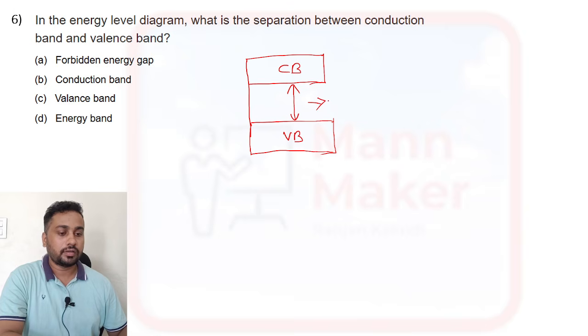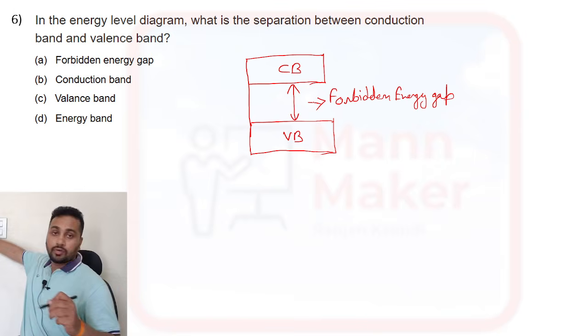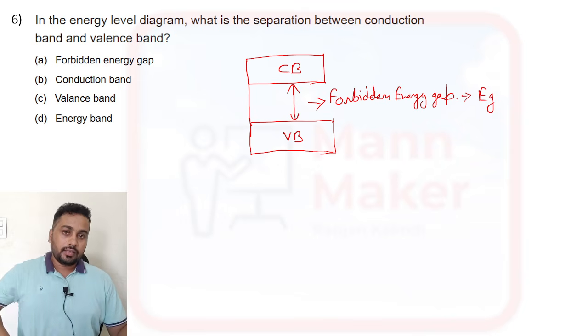This is called the forbidden energy gap, and it is denoted by Eg.